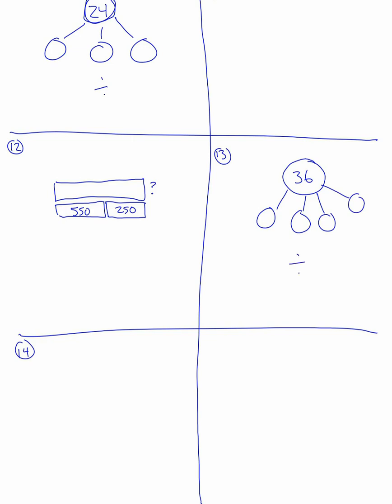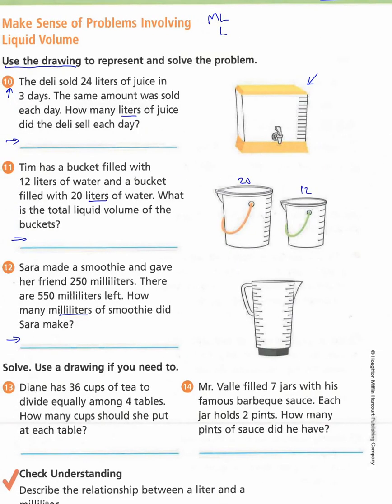This is division. So we need to figure out the same amount is going to go on each table. How many is going to go on each table? So again, right here, write an equation and your answer. How many cups? Because we're putting cups on tables. And when you're ready to go, let's look at number 14.